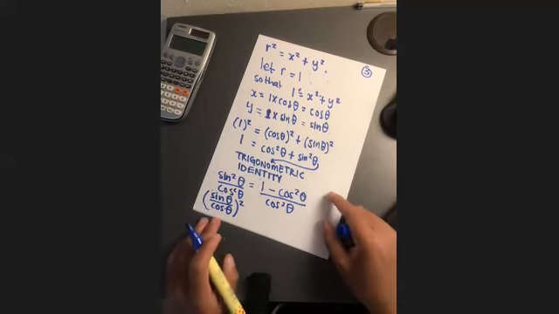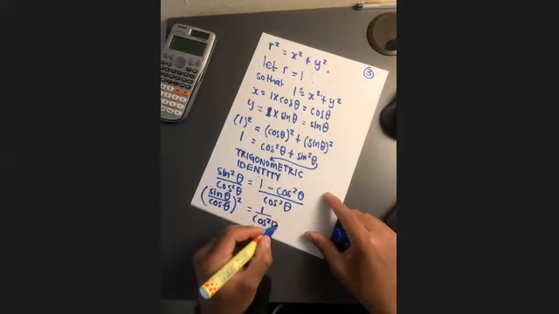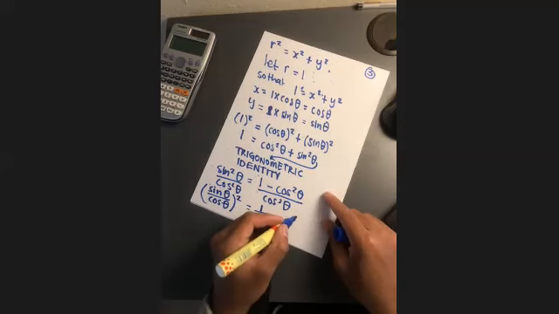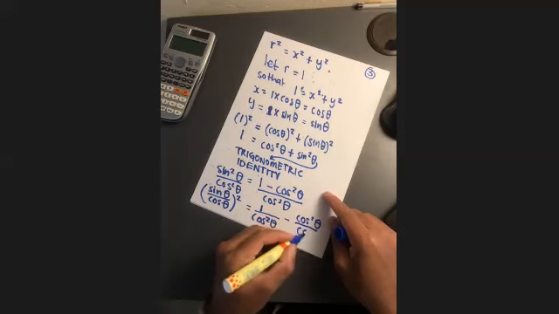I hope that you can all agree with that. And then this is just going to be 1 over the cos squared of theta minus cos squared of theta over the cos squared of theta.